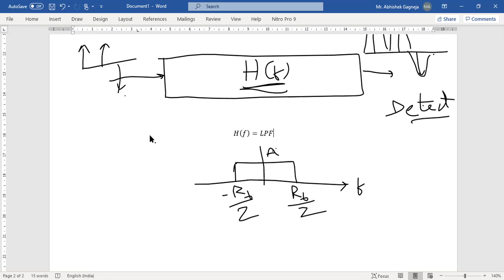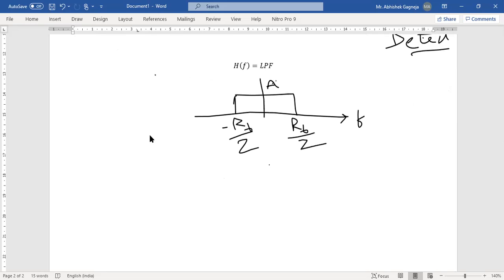So the idea is, once you have the block from minus RB by 2 to RB by 2, when you take the Fourier inverse of this, what are you going to get? When you take the Fourier inverse of this, always remember that the entire range for which this block is going to carry on, that is going to be the total.